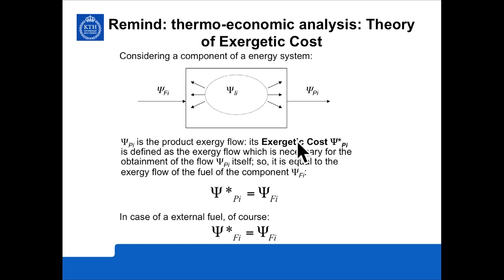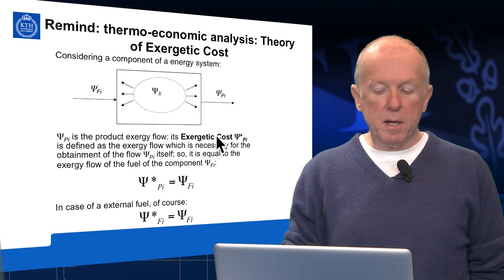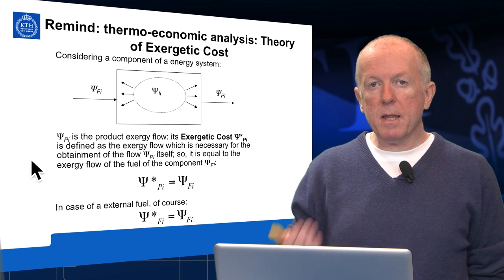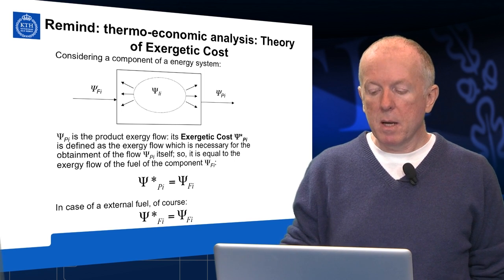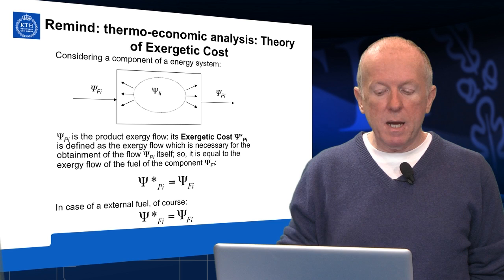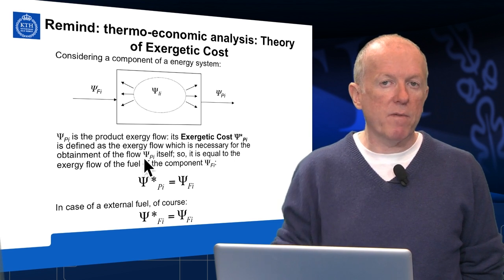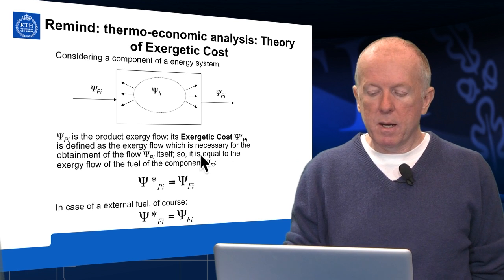So the exergetic cost of the exergy flow Psi P is named Psi star P. This exergetic cost is defined as the exergy flow which is necessary to be spent in order to obtain the flow Psi P at the exit of this component.